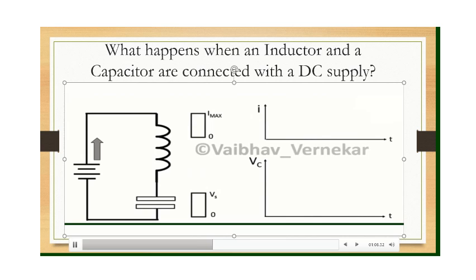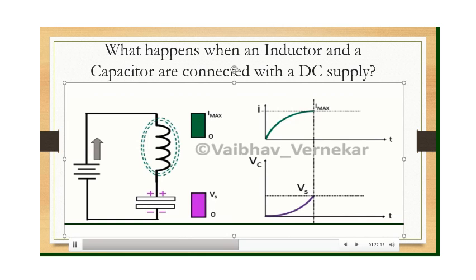When both the components are connected with the DC supply, both will be storing energy in their respective fields, inductor in the magnetic field and capacitor in the electric field. There is a point where the capacitor charges to the battery level and the current actually stops flowing and has to drop to zero. But because of the presence of the inductor in the circuit, this will not happen instantaneously.